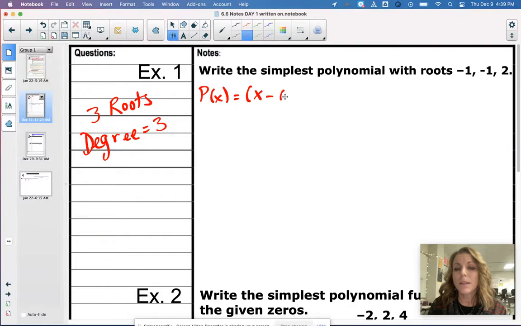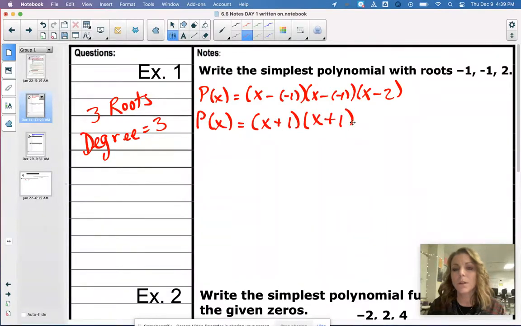So x minus the first root, x minus the second root, and x minus the third root. Well, that's just going to be x plus 1, x plus 1, and x minus 2.